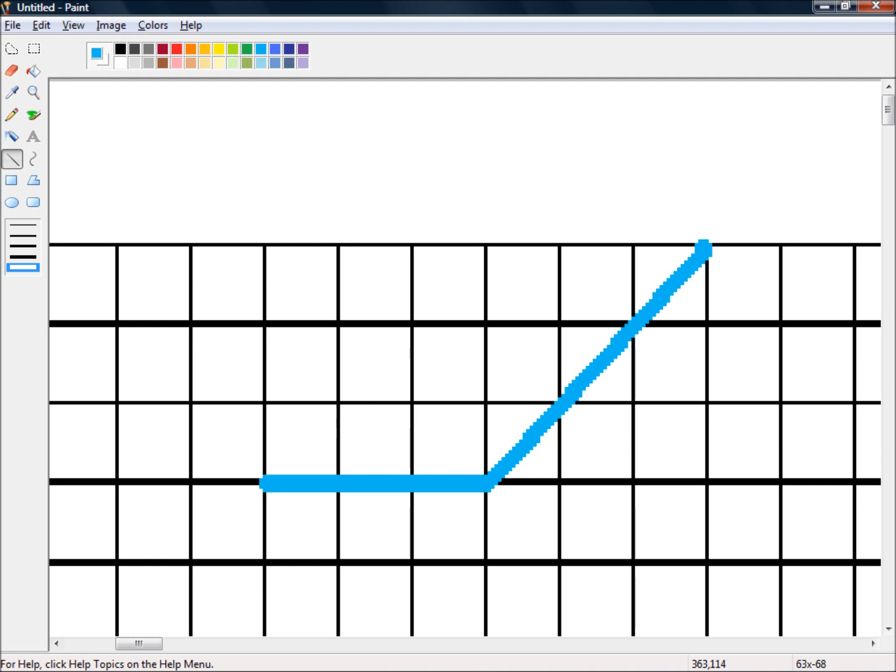And the lengths have to all be the same for it to be a rhombus. So how long do I have to draw this diagonal line?